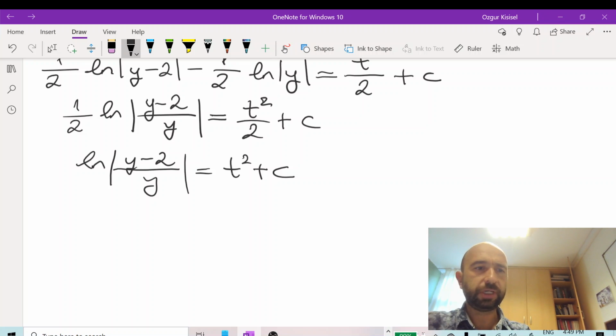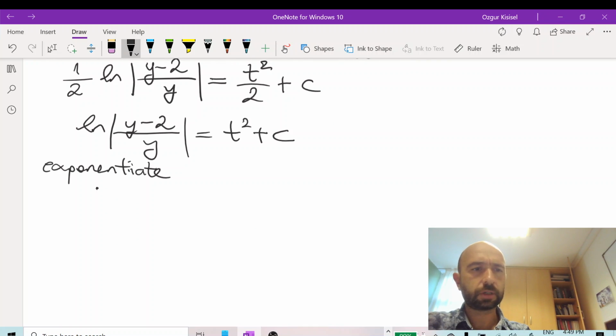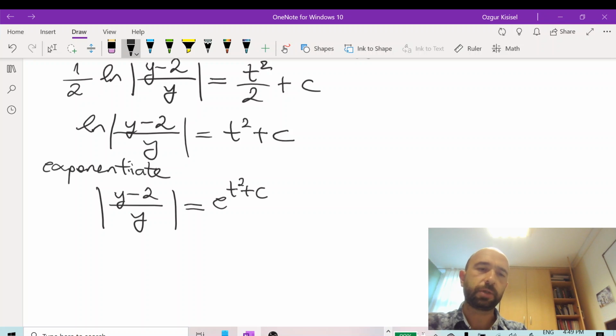Now we can exponentiate both sides. That's going to give us absolute value of (y minus 2) over y equals e to the power t squared plus c. But notice that this is e to the t squared times e to the c. A sum on the top of an exponential becomes a product here.